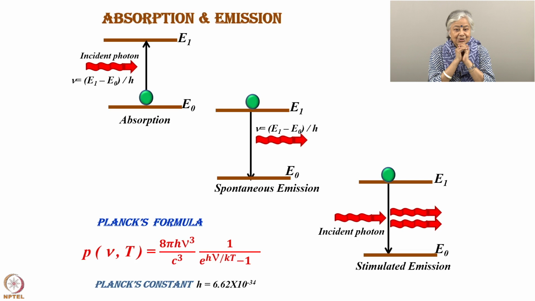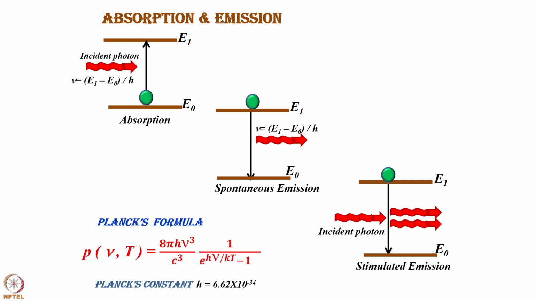So, in the medium we have a distribution of these particles, which is given by Boltzmann's formula, and we have a distribution of the radiation that is coming out from this medium, which is given by Planck's formula. So, it is important to remember the Planck's formula and the Boltzmann's formula.